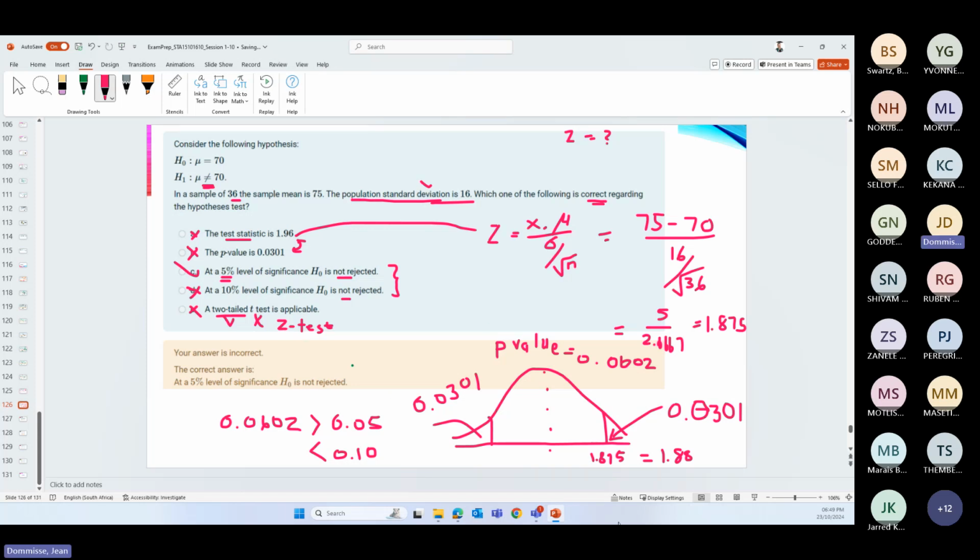Then when we work out that p-value, it needs to be two-tail. So that's why the p-value becomes 0,0602 because it is two-tail. Okay, so that was the way they wanted to catch us out, because it is very easy to make the mistake by getting the 0,0301 as your p-value, but remember it is two-tail.